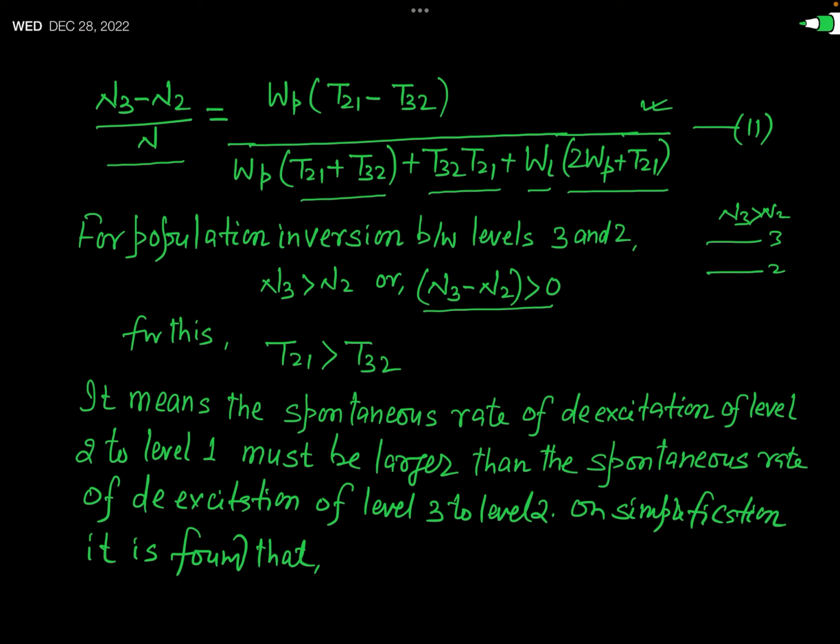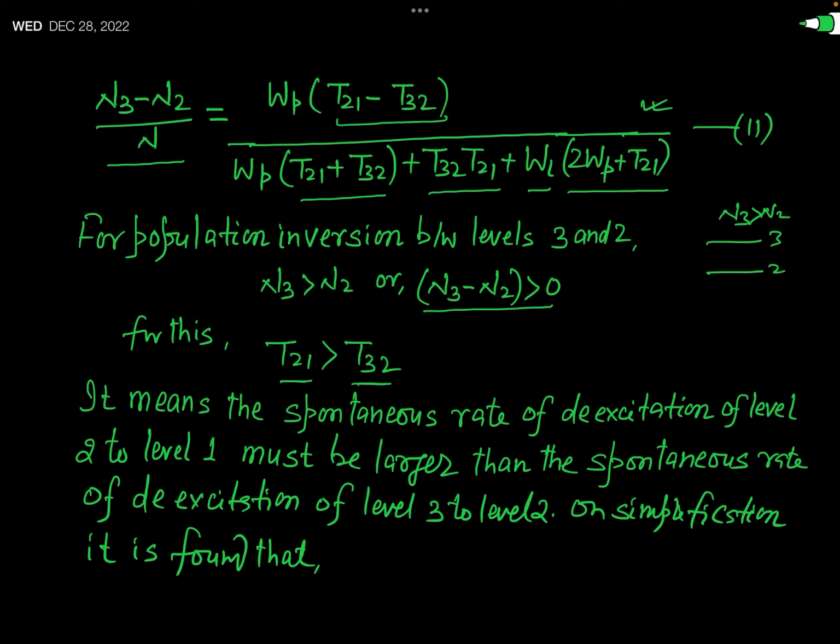And for this, from equation number 11, this will be positive only when T21 minus T32 is positive. For this, T21 should be greater than T32. Only then population inversion will be achieved. So definitely, for achieving the population inversion, this condition must be satisfied.